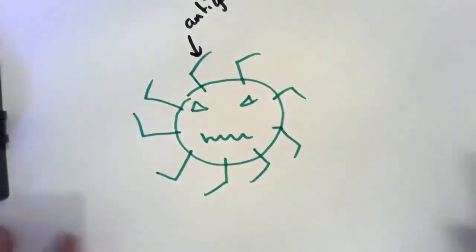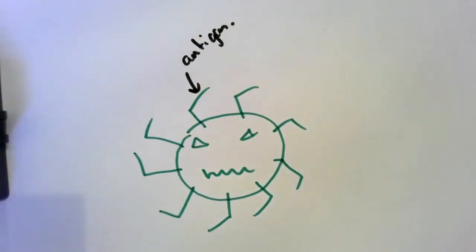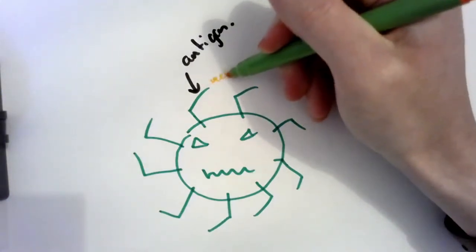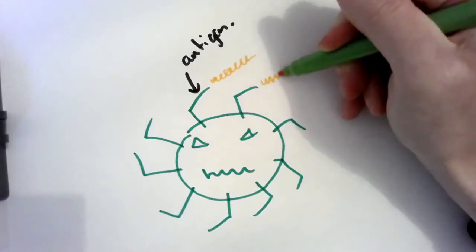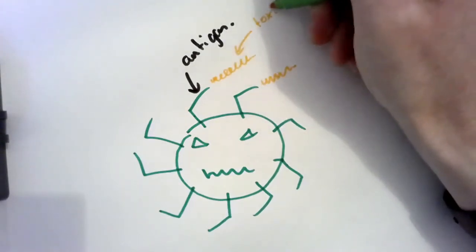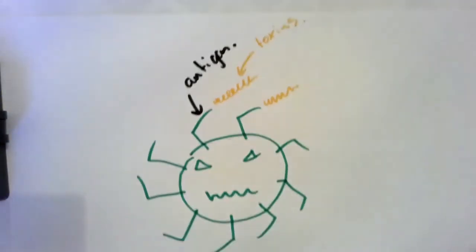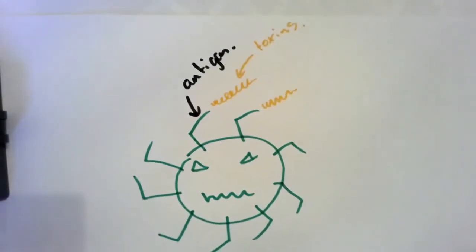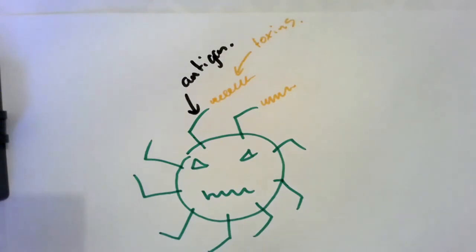Okay, antigens are the bits that make you ill. You can think of it as these antigens spewing out toxins which make you ill. Okay, it's not quite as simple as that, but that's essentially what's happening. They release nasty toxins, those toxins make you ill.